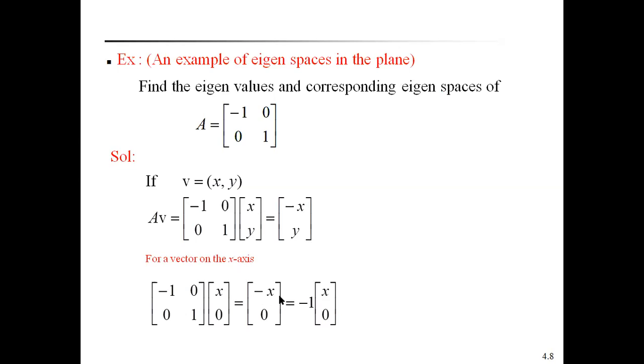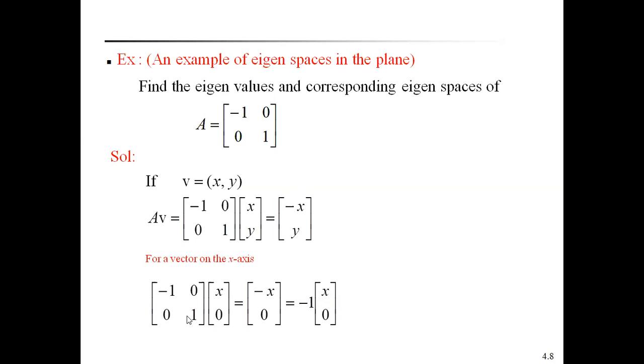Multiply like this and we get (-x, 0). Here take the common -1: -1 into (x, 0). This is the general case for B equal to (x, y), and particularly for any vector on the x-axis the y coordinate must be 0.